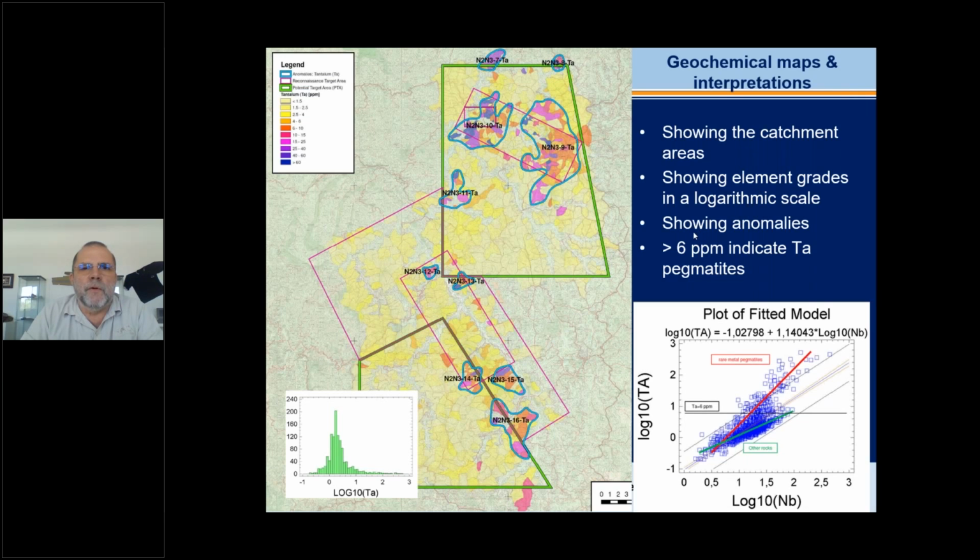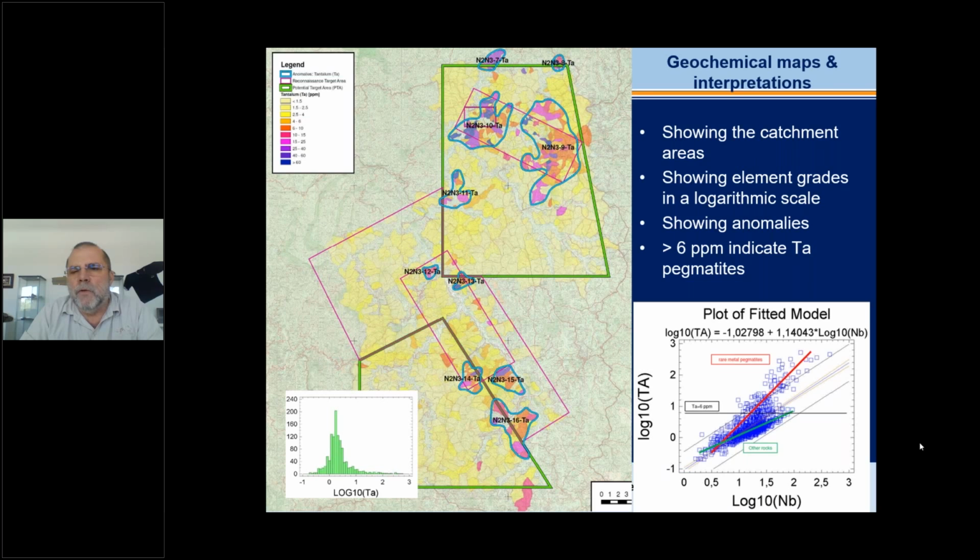So here, this is the first step of data processing of geochemical data. We transfer the sampling points to the catchment areas and color the catchment areas by the grade of the metal. Here's a tantalum map. So what we see here in this chart is a niobium-tantalum chart.